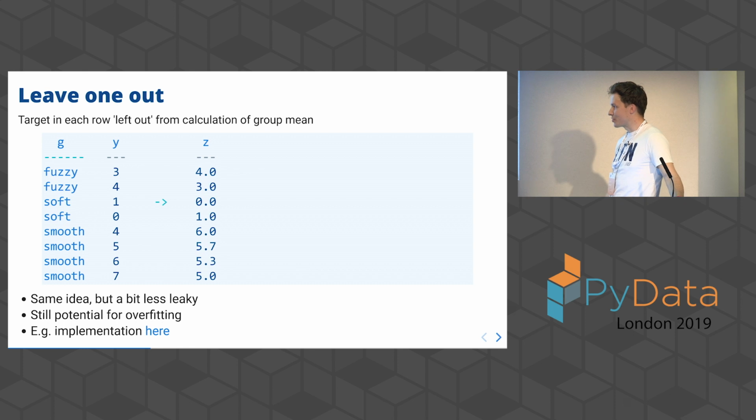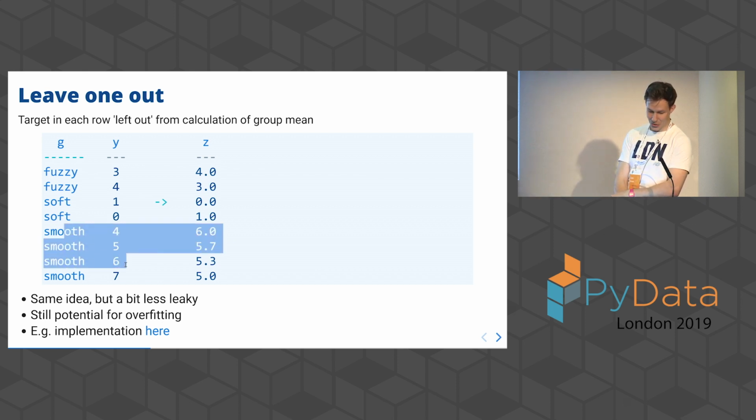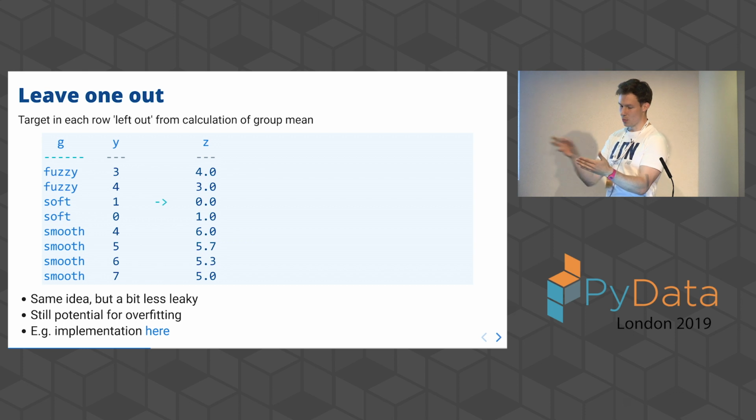And there's two reasons here. One is that for each group, from a statistics point of view, in your data set you have a kind of random sample of each category, like smooth. You might have a sample where the sample mean is above or below the true mean as a group, not just individually.